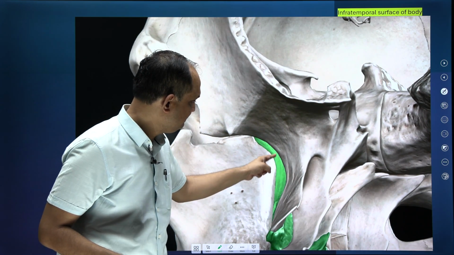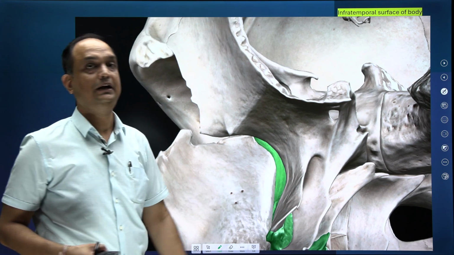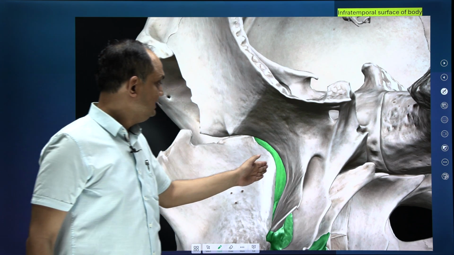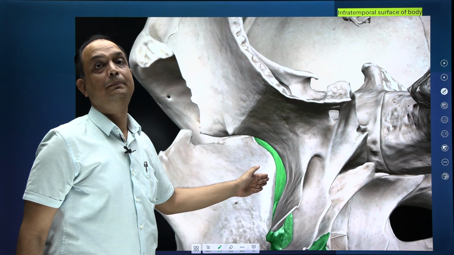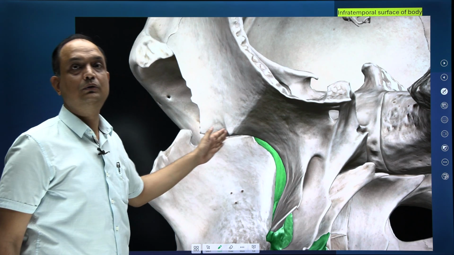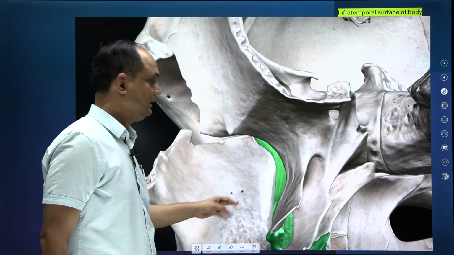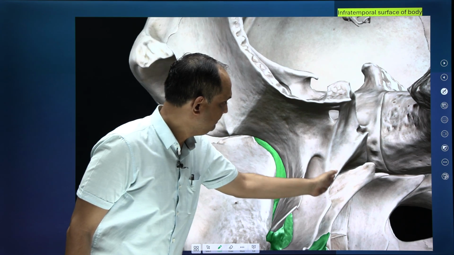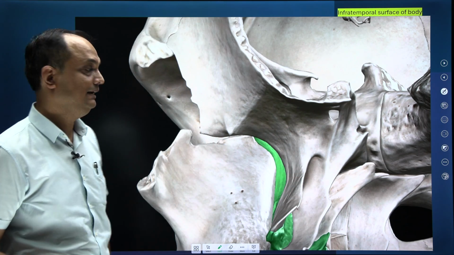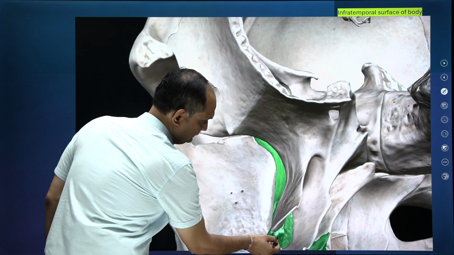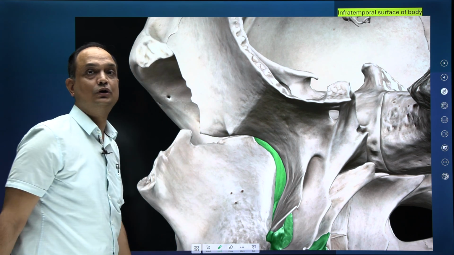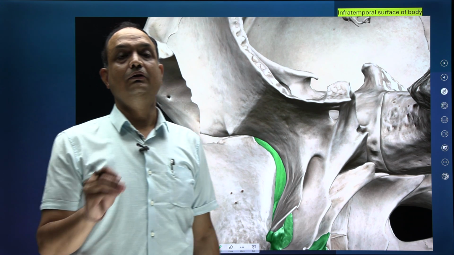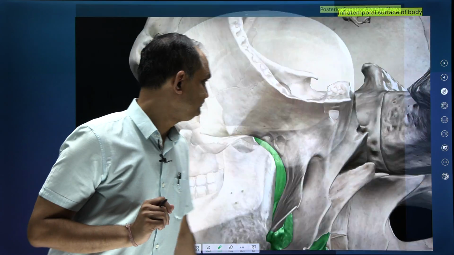Clear? So this perpendicular plate of the palatine bone is a partition between the pterygopalatine fossa, and more lateral to the pterygopalatine fossa you will have the infratemporal fossa, and medial to the plate you will have the nasal cavity. This pyramidal process is important, as it makes a joint behind your maxillary tuberosity.